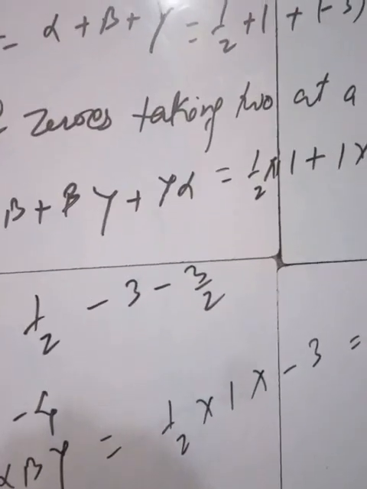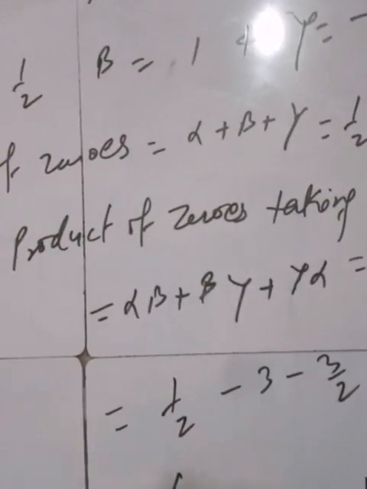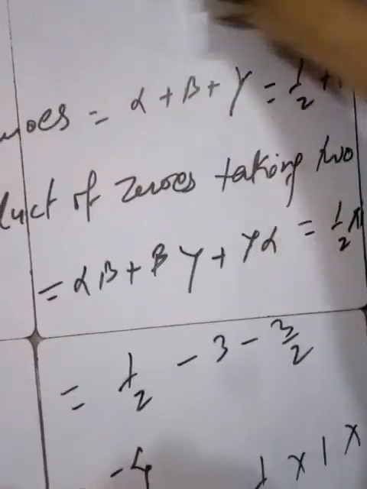After getting all these, now we go for the required polynomial, according to the formula.